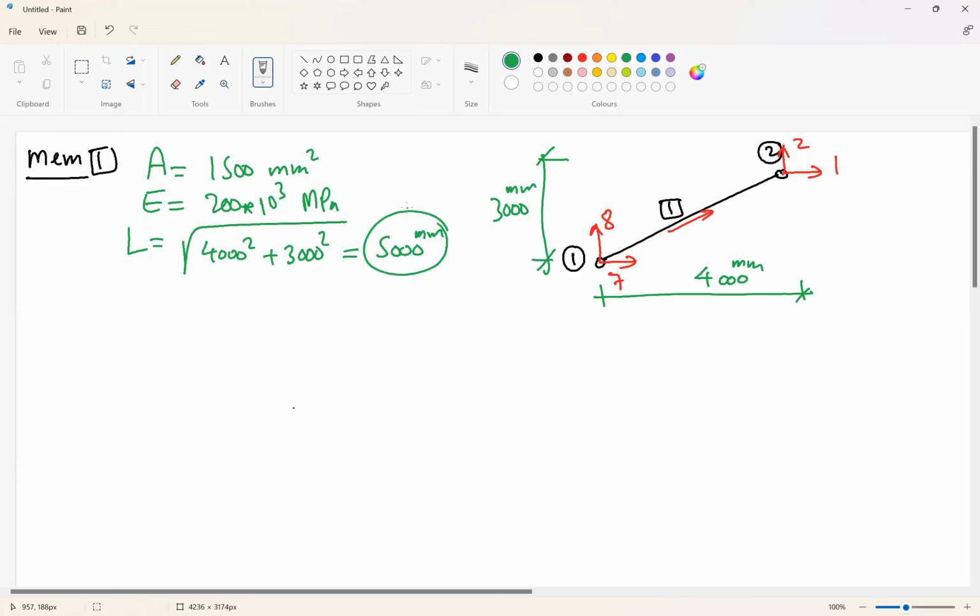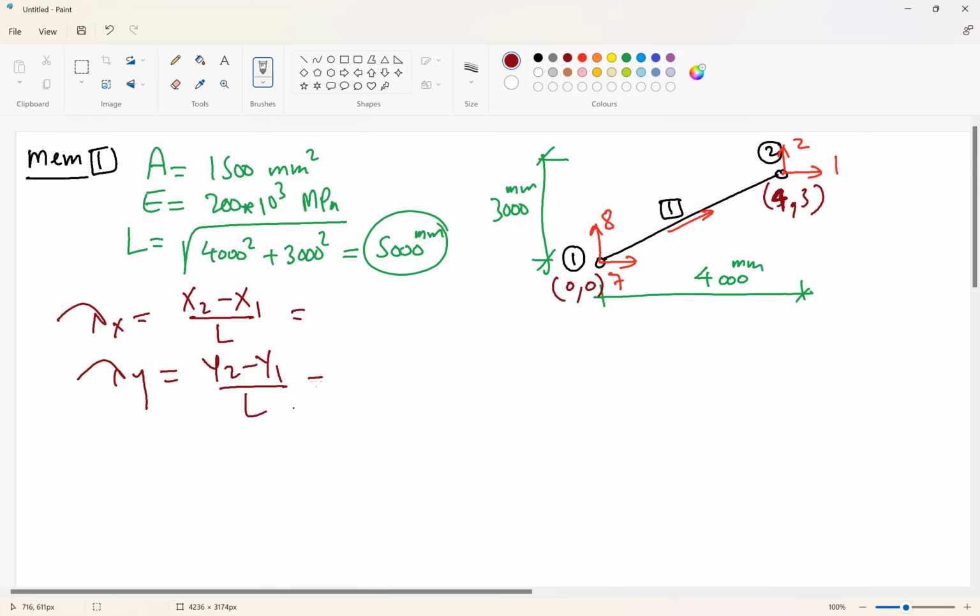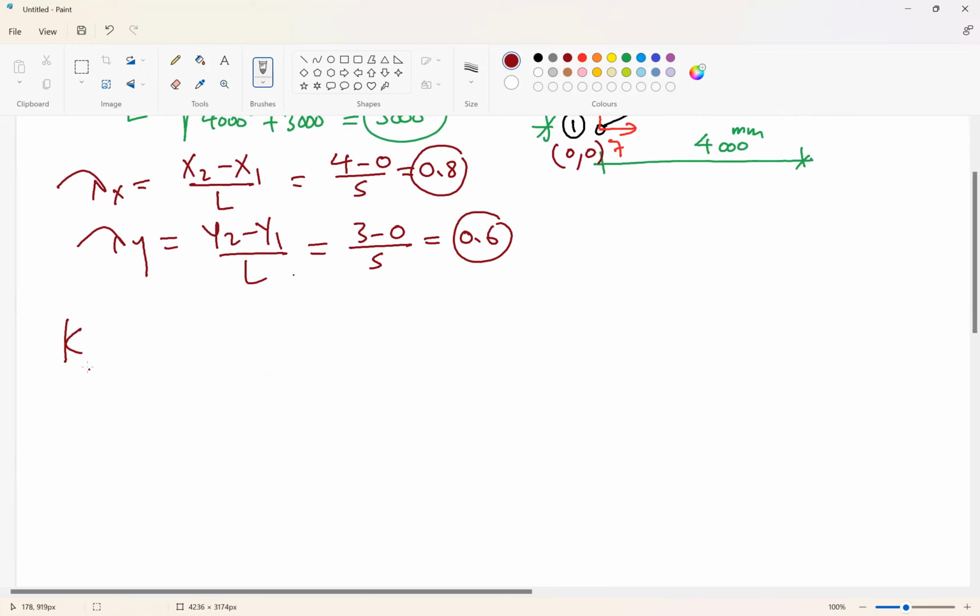So lambda x will be x2 minus x1 divided by L. Y2 minus y1 divided by L. So it will be 4 minus 0 over 5 will be 0.8. This will be 3 minus 0 over 5 will be 0.6. So now we have all the data needed for K truss. Sorry, K for member 1.